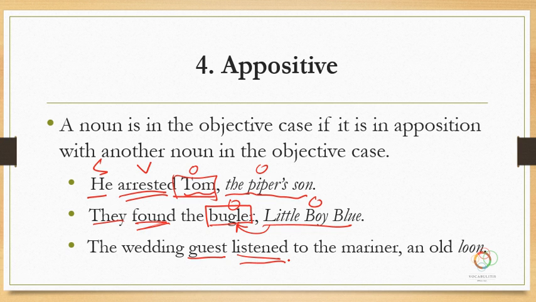Listened what? Well, in this case, it's not the object of the sentence. There's no object here. There is a prepositional phrase, to the mariner. And this is the object of that preposition to, so it's in the objective case, right? And old loon is also an appositive to the mariner, so it must be in that same objective case. That's how it's used here.